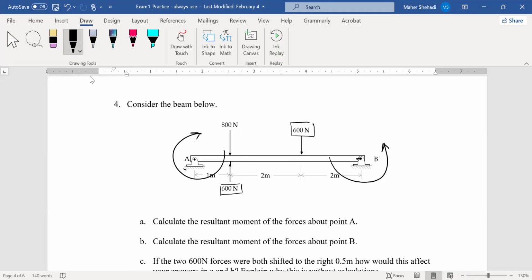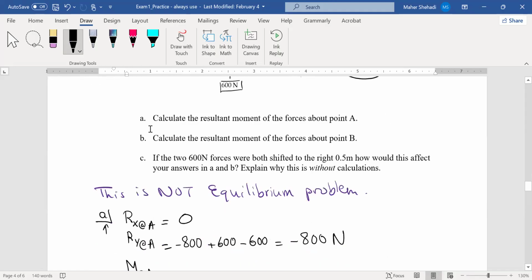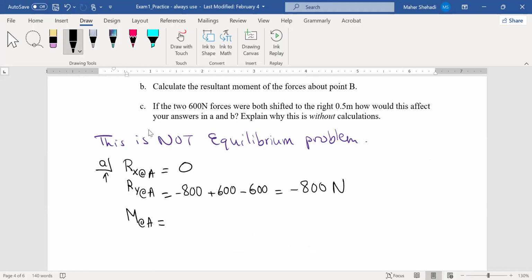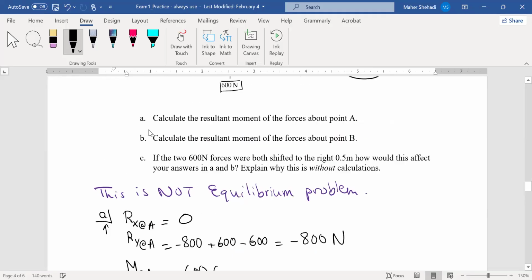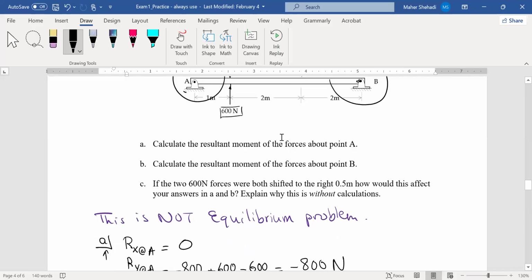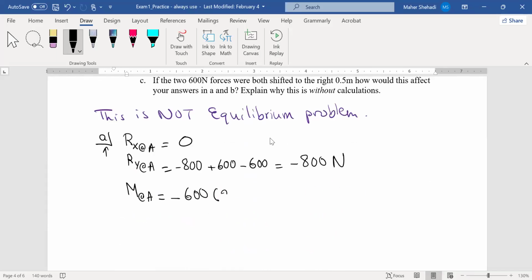So let's do now part A and then we'll do part B. So MA, it's minus, that's the couple, 600 times, what's the distance? It's 2 meters. And then minus 800 times 1. So minus 1200 minus 800. So that's minus 2000 Newton meter.